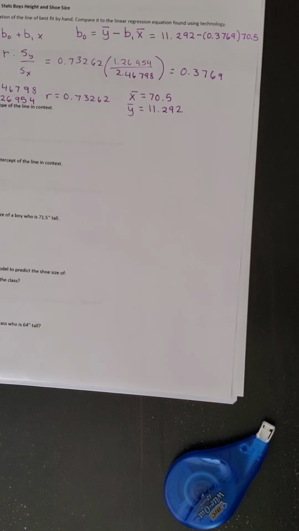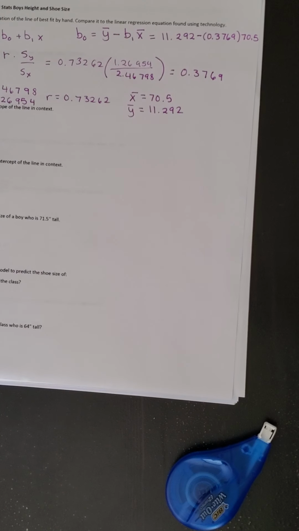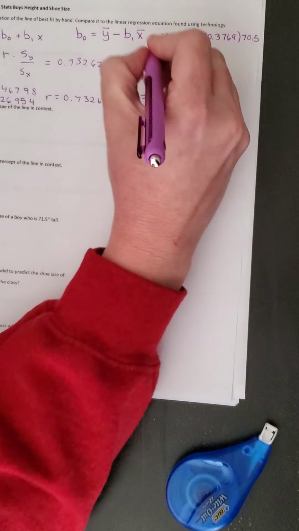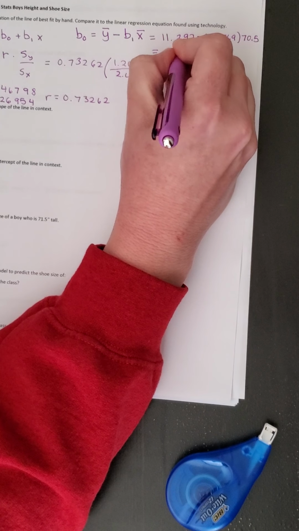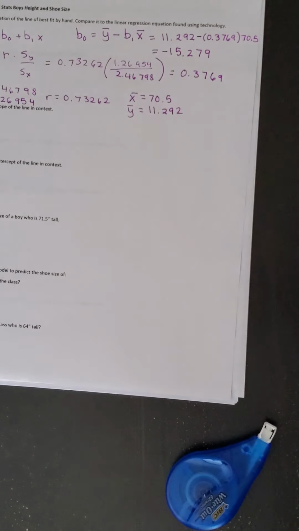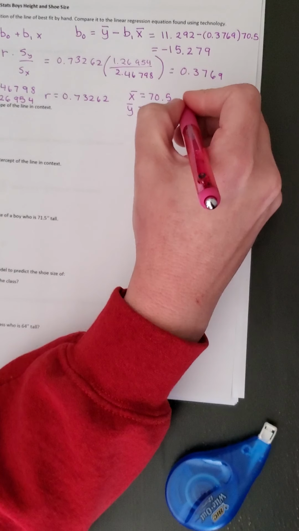So I'm going to go ahead and do that with my calculator. So 11.292 minus 0.3769 times 70.5. So this gives me negative 15.279.